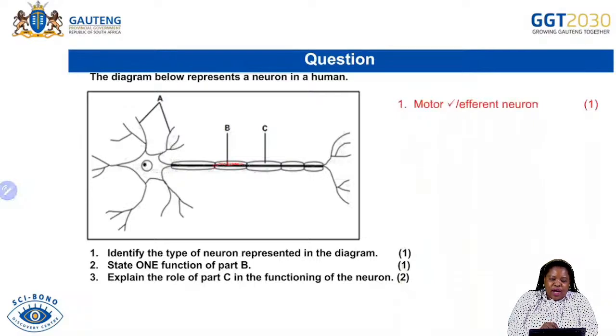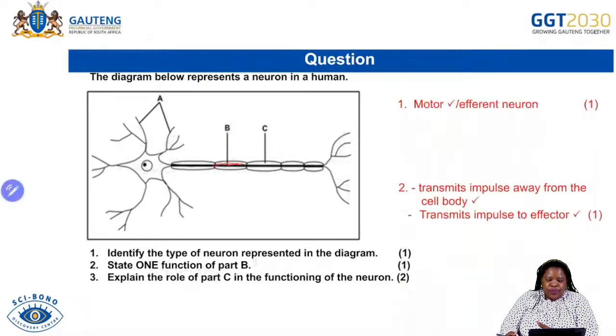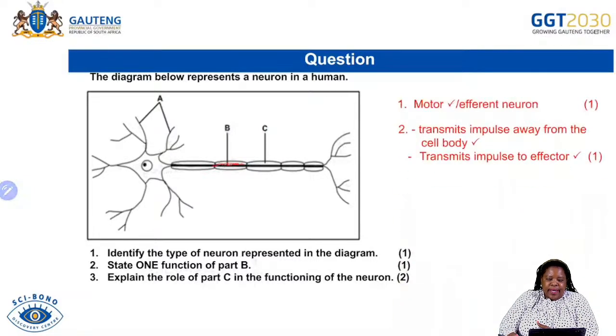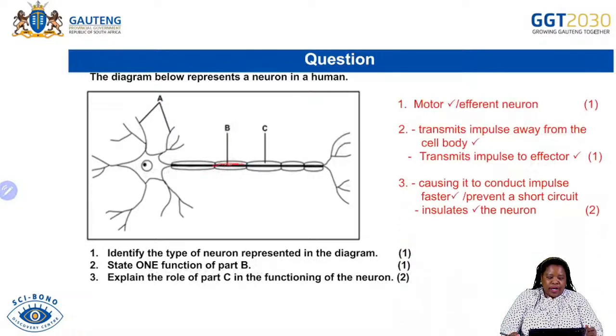So you first need to identify the name of the part so that it can help you give the function. B transmits impulses away from the cell body, and also transmits impulses to effectors, for 1 mark. Any one of those is correct.